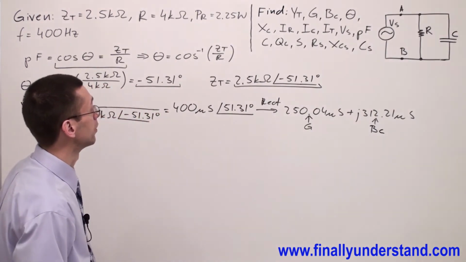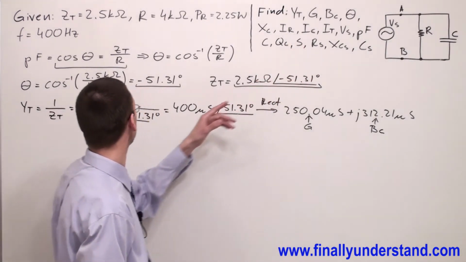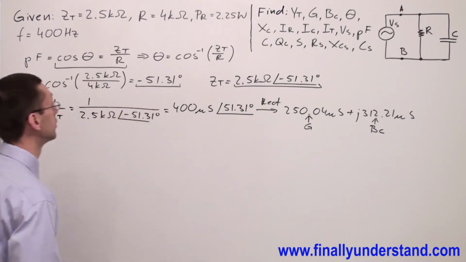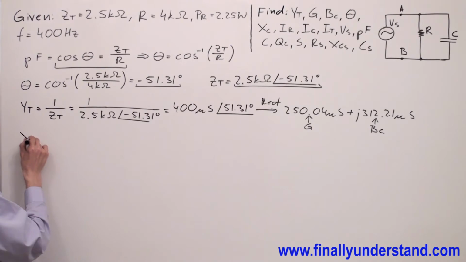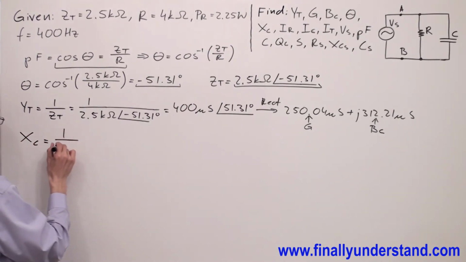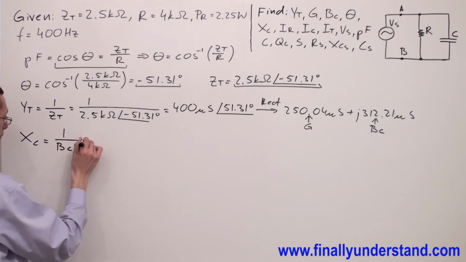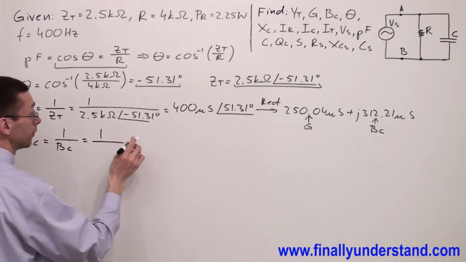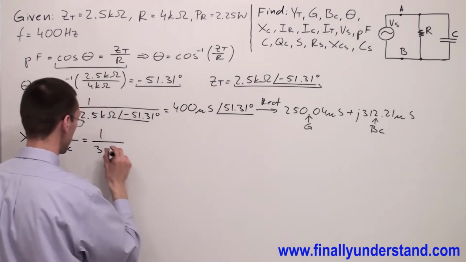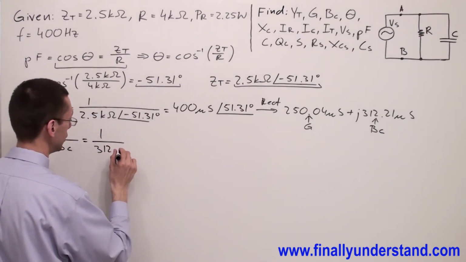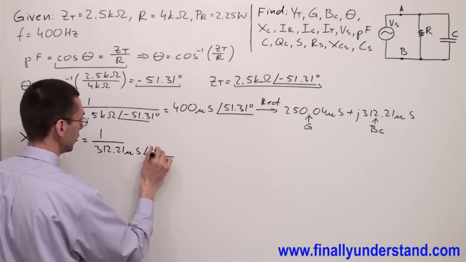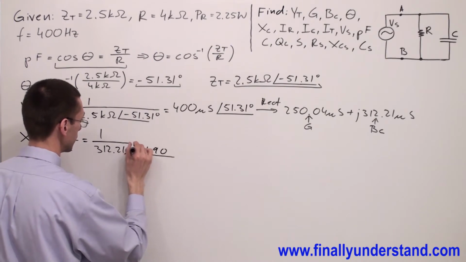Next, we're supposed to find theta, but we already found theta. Now XC. I have capacitive reactance equal to 1 over BC, which is equal to 1 divided by 312.21 microsiemens and angle of 90 degrees.